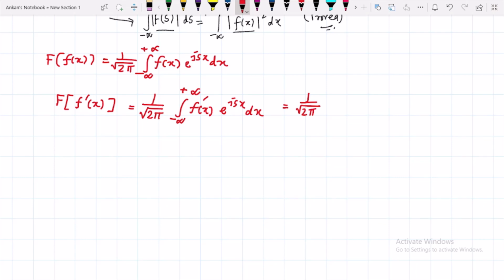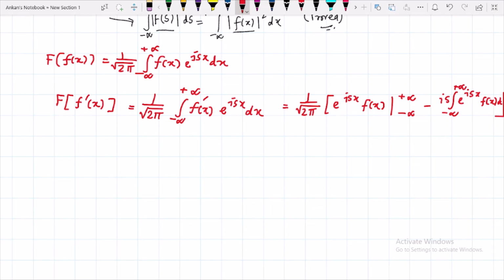So 1 by root 2 pi, and this is e to the power isx, first function, integration of the second, from minus infinity to plus infinity, and minus derivative of first function, integration of the second, this dx from minus infinity to plus infinity.